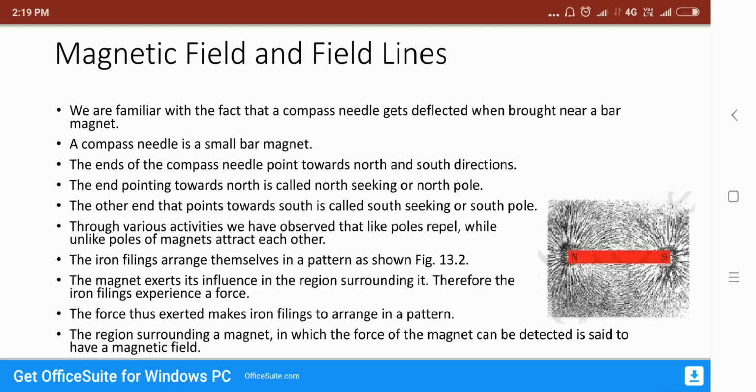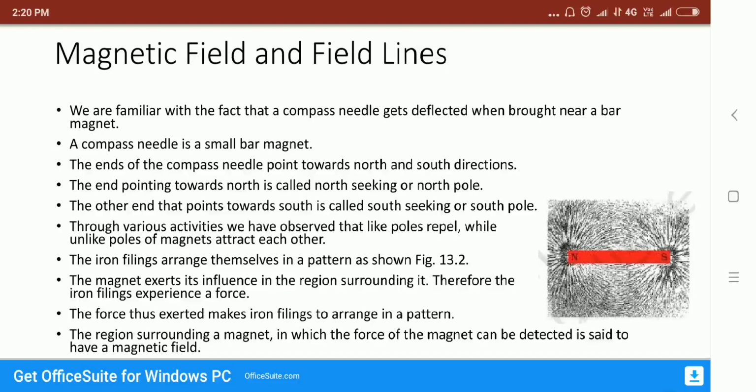If both have the north pole, it is supposed to repel. Because it is defined as a seeking pole, it points to the north pole. So this is how attraction and repulsion forces exist between two bar magnets, but the needle point gives the seeking pole direction. It gives the pole of the bar magnet.